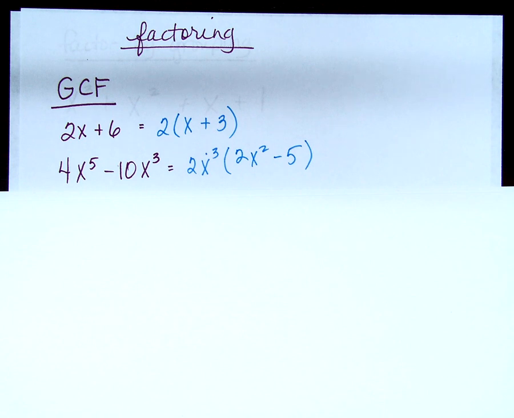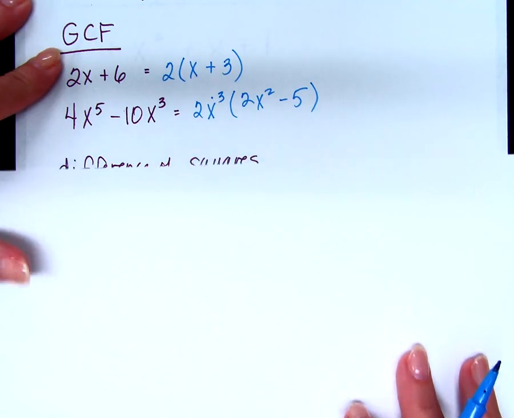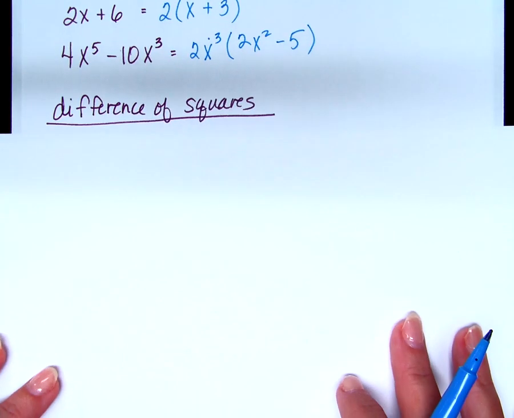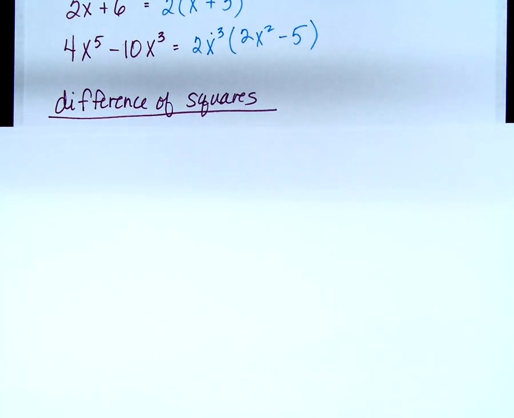Okay? All right, so the first special case that we can finally get to is called the difference of squares. Would you write that down for me, please? Difference of squares.